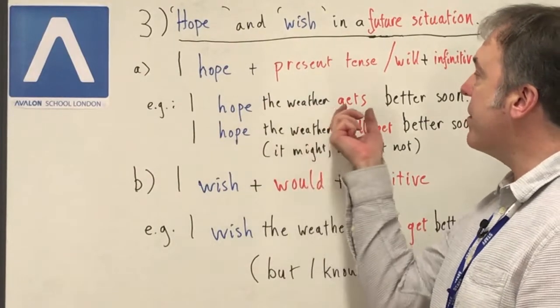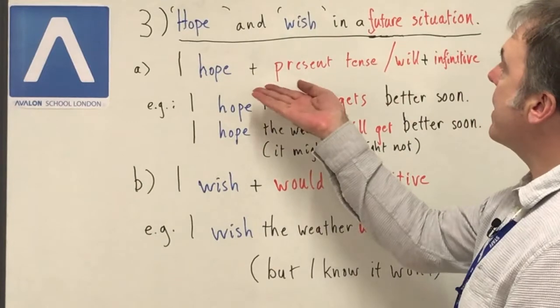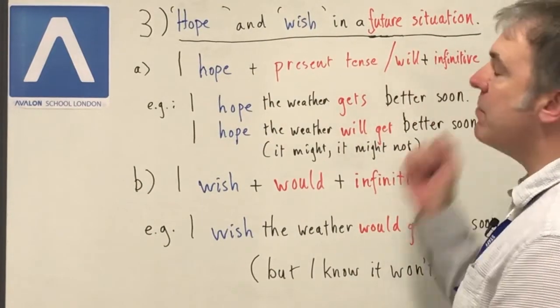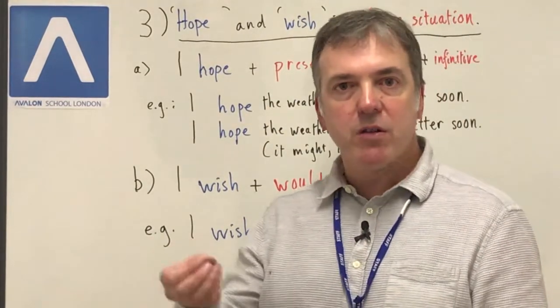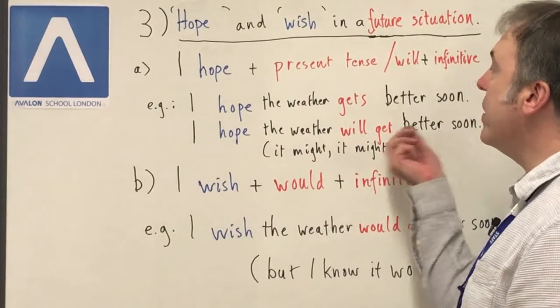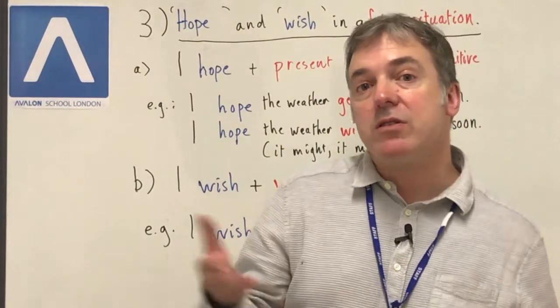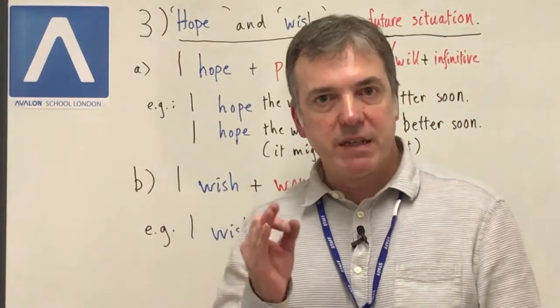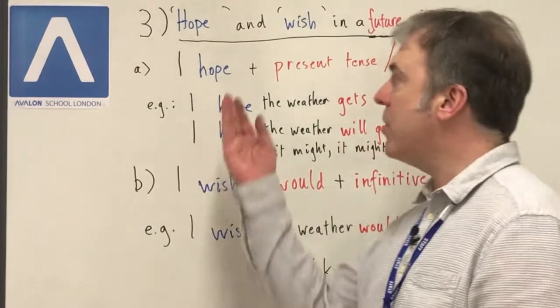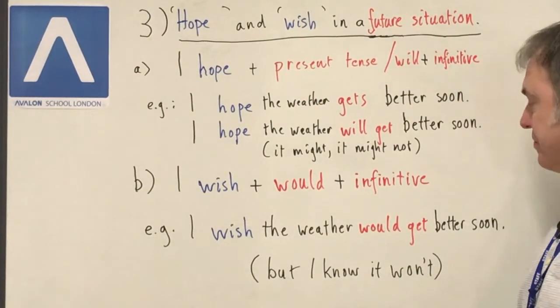I hope the weather gets better soon. Or we can use hope plus will plus infinitive. Now, will is a modal verb, and after the modal verb we use infinitive. So I hope the weather will get better soon. So it might not, but it's possible. That's the important thing. So with hope plus present tense or will plus infinitive.